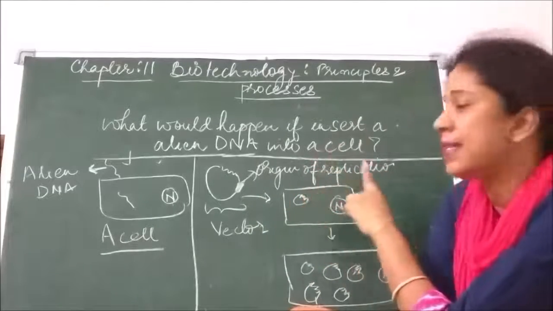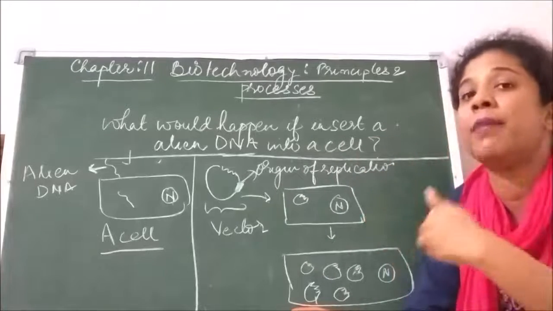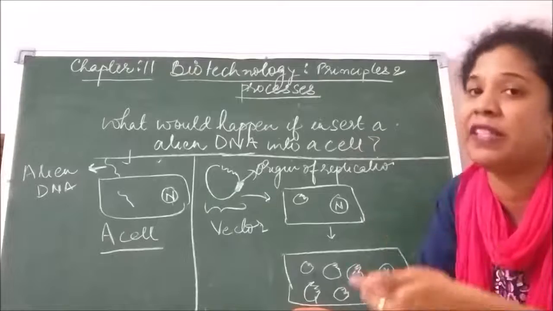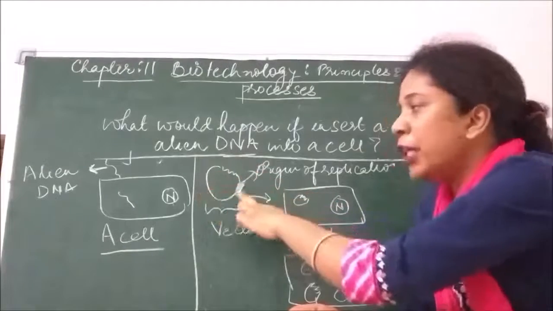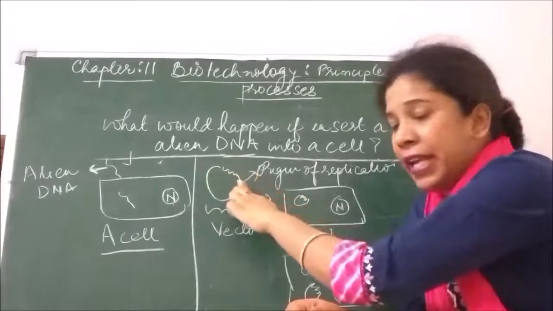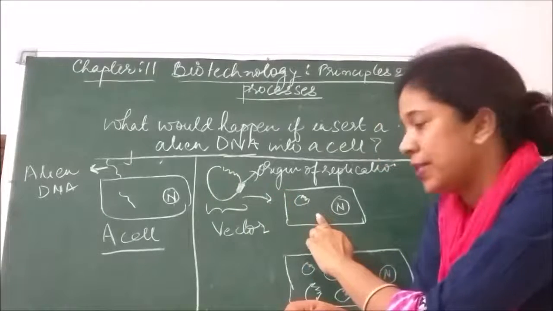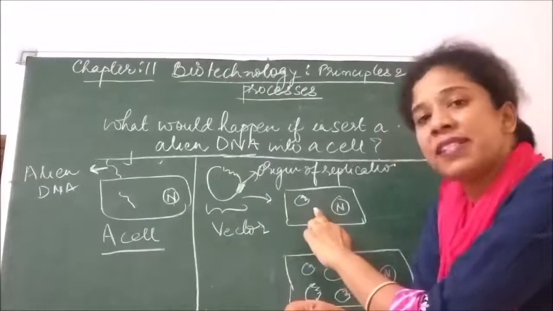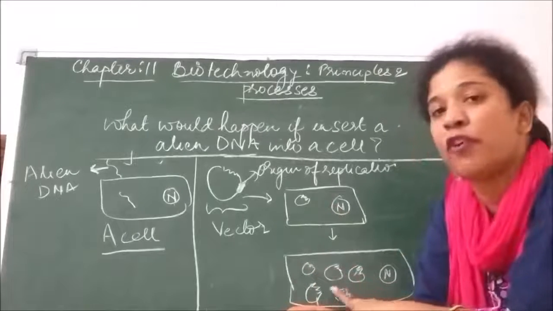If the DNA has this particular sequence, the origin of replication, it can make multiple copies of itself. So when this recombinant molecule, made up of the vector DNA and the alien DNA having the origin of replication, is inserted into a cell, it will form multiple copies of itself.